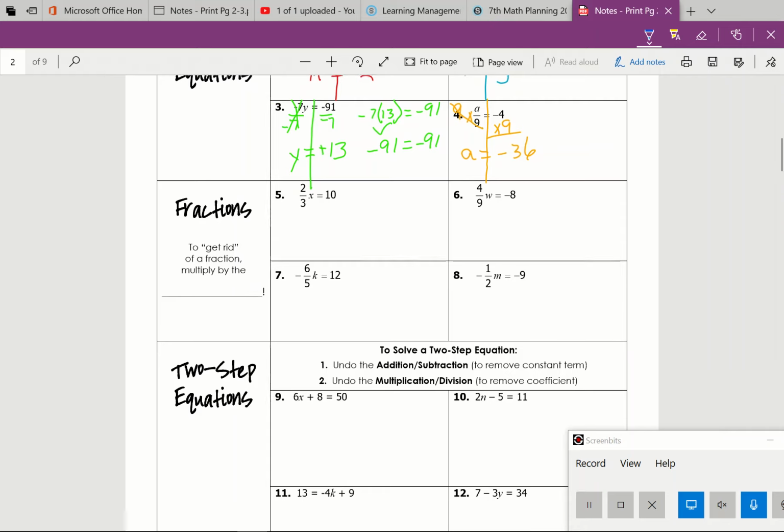Okay, number 5. We're going to talk about fractions. To get rid of the fraction, multiply by the reciprocal. Maybe that's not the right word. I'm going to have to look that up. Anyway, flip it upside down and multiply. So we have 2/3 times x. We're going to multiply by 3/2.